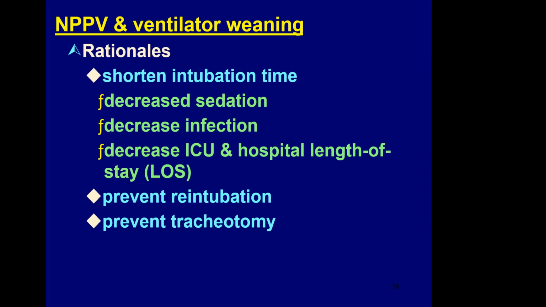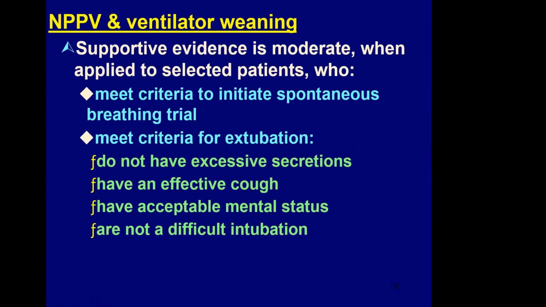The rationale is to prevent re-intubation as well as to prevent a tracheotomy. The supportive evidence to support NPPV and ventilator weaning is moderate when it is applied to selected patients. Selected patients. It isn't good for everybody. They have to be selected. Patients who meet the criteria to initiate a spontaneous breathing trial, and those who meet the criteria for extubation.